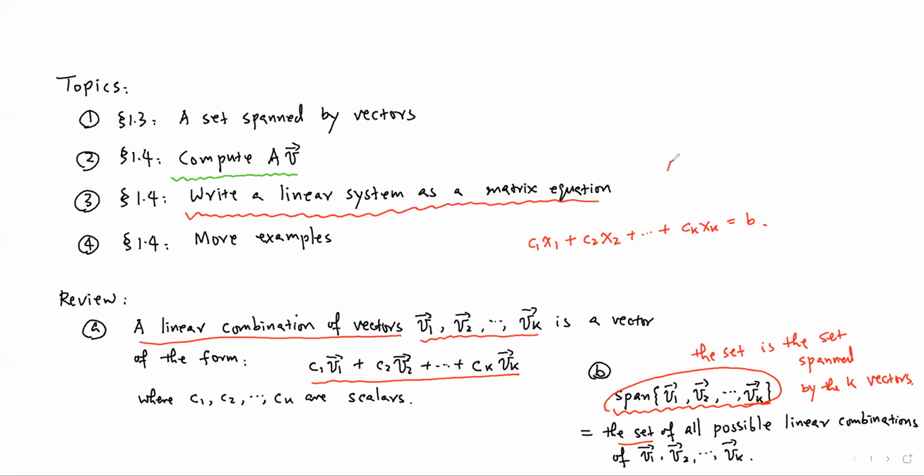A matrix times a vector is a vector, and this equation is a matrix equation. Now I can write a linear system as a matrix equation. Let me show you one example. Topic number 3.